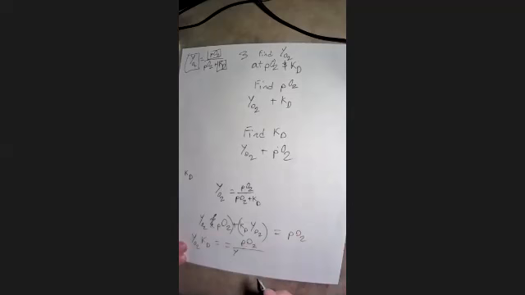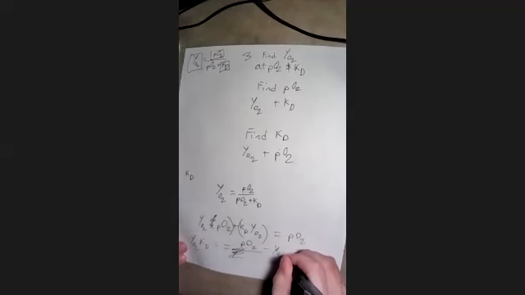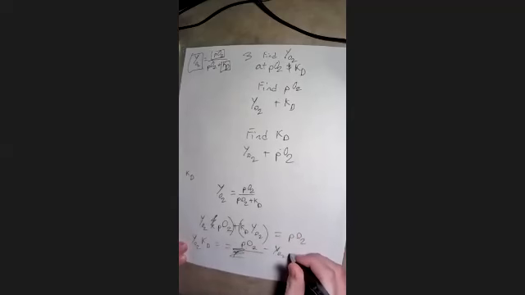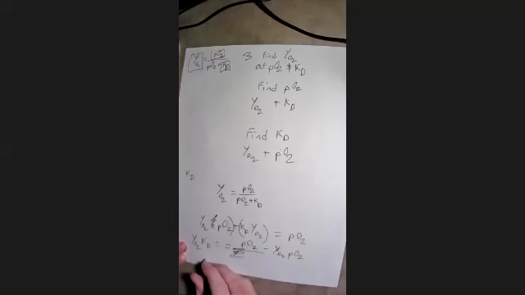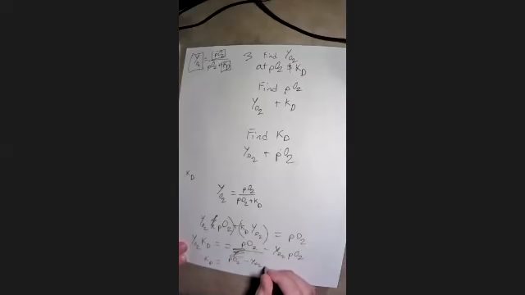Subtract that, we get YO2 KD is PO2 over Y. No, it's not divide, sorry. And then KD is equal to PO2 minus YO2 PO2 over YO2.